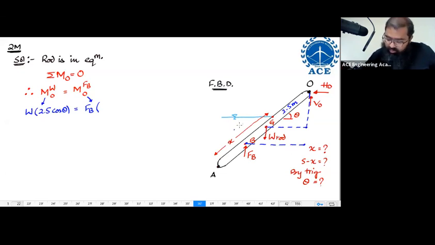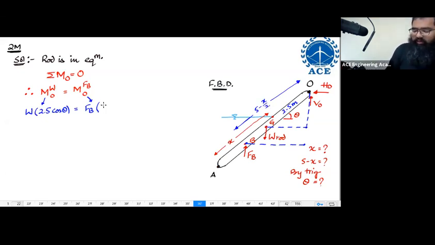The entire length is 5 minus half of x. Therefore, this is 5 minus x by 2. So I can say (5 minus x by 2) whole times cos theta. I can straight away cancel cos theta and cos theta over here.